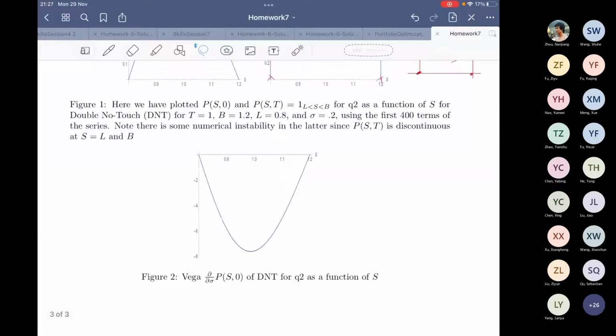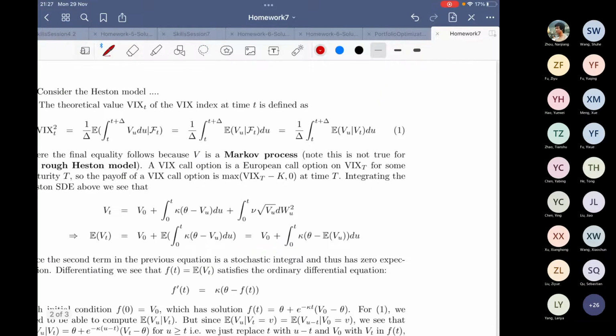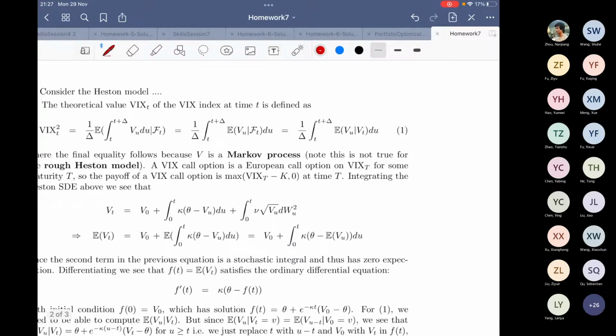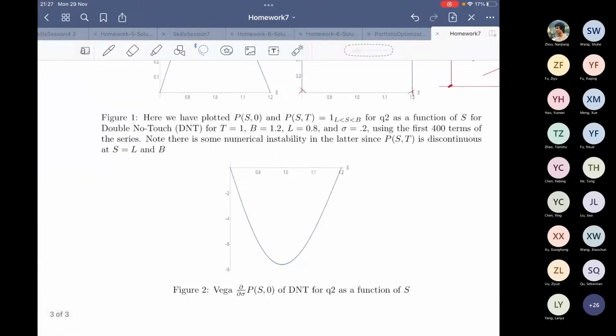And we get this kind of behavior, that the Vega is negative, and this is intuitively fairly clear. Because, as I said, the best place to be is in the middle. The more volatility there is, the more likely you are to hit either of the two barriers. Remember, Vega is the sensitivity of the option price with respect to sigma.